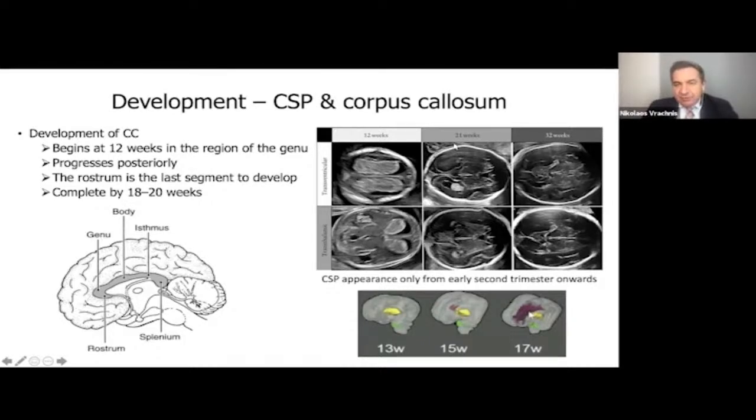And then as we move to 21 weeks, here and here, we can see the corpus callosum on both views, and eventually at 32 weeks, how the corpus callosum is visualized, how the CSP is visualized.